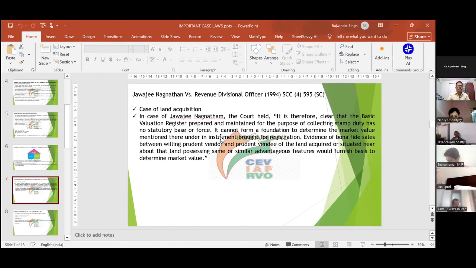It cannot form a foundation to determine the market value mentioned in the instrument brought for registration. Evidence of bona fide sales between willing prudent vendor and prudent vendee of land situated near or about the acquired land, possessing same or similar advantageous features, would furnish the basis to determine the market value.